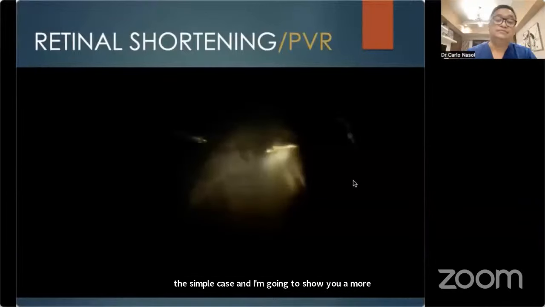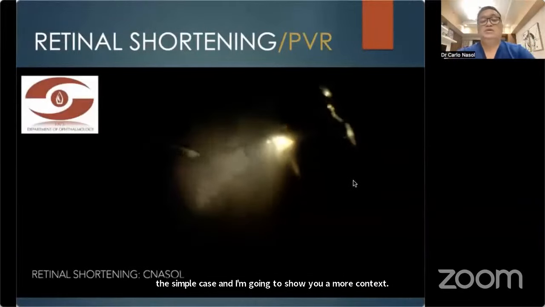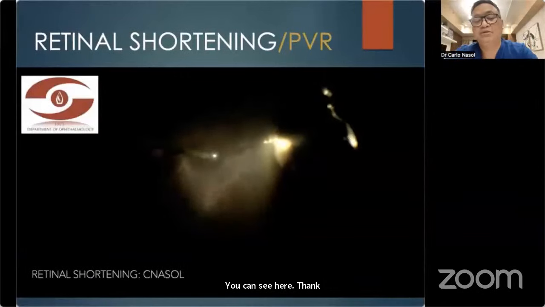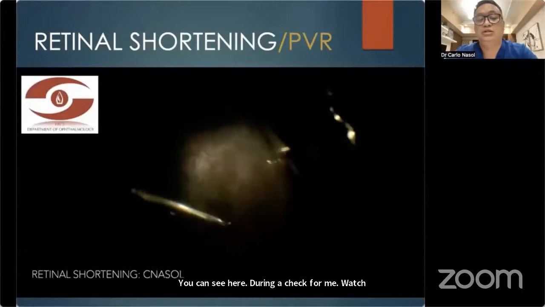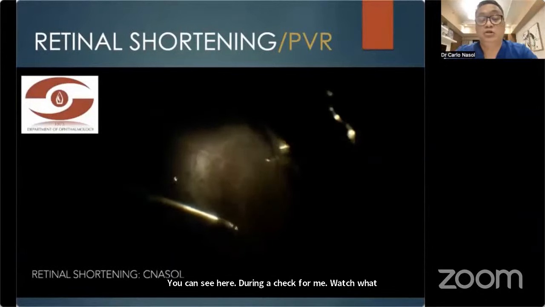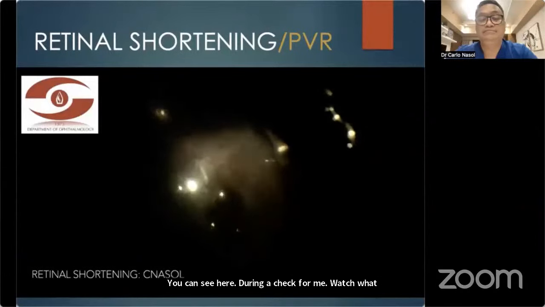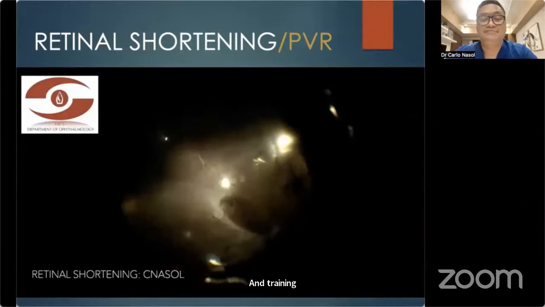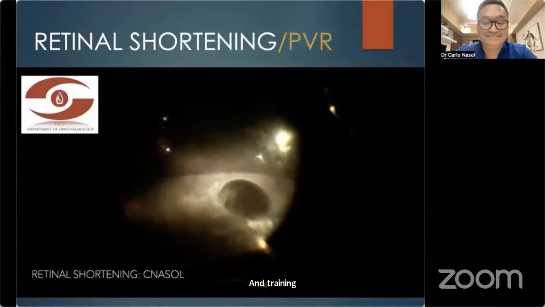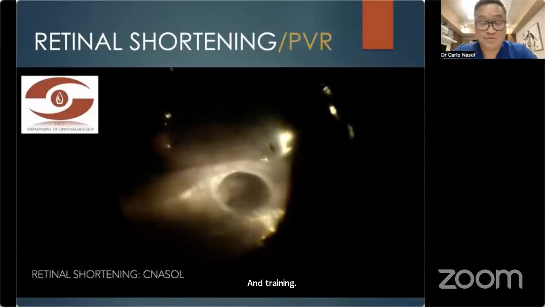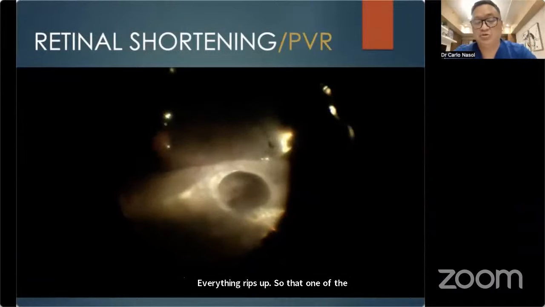You can see here, during a vitrectomy, watch what happens with air filtration in a very short retina. Everything lifts up. That's one of the signs of a very shortened retina.